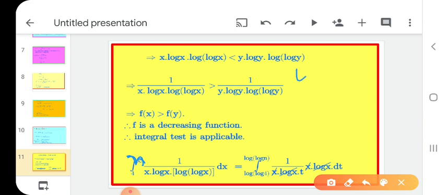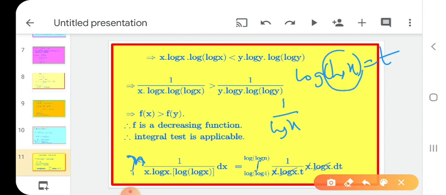Here first I let log of log x equals t. Differentiating with respect to x. What is the differentiation of log of log x? 1 by log x, and again we should differentiate log x. That means 1 by x dx equals dt. Do you understand?